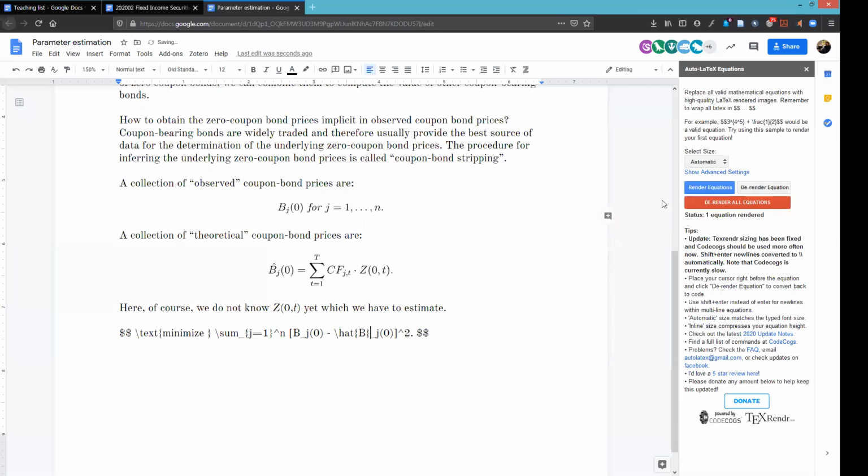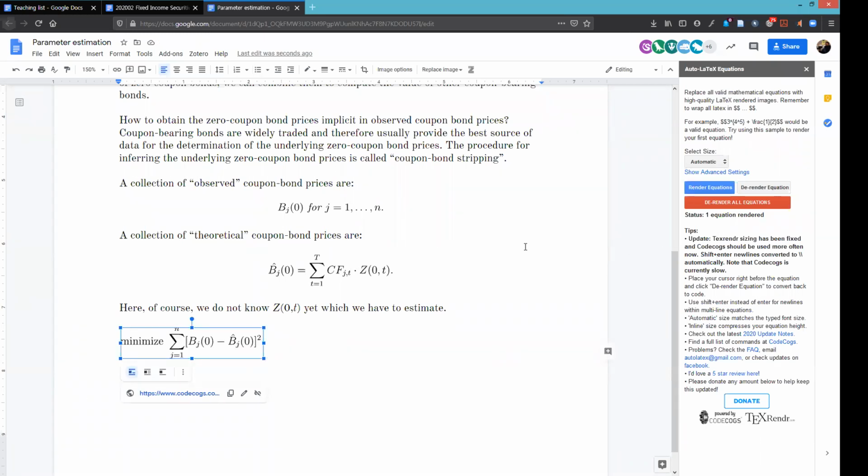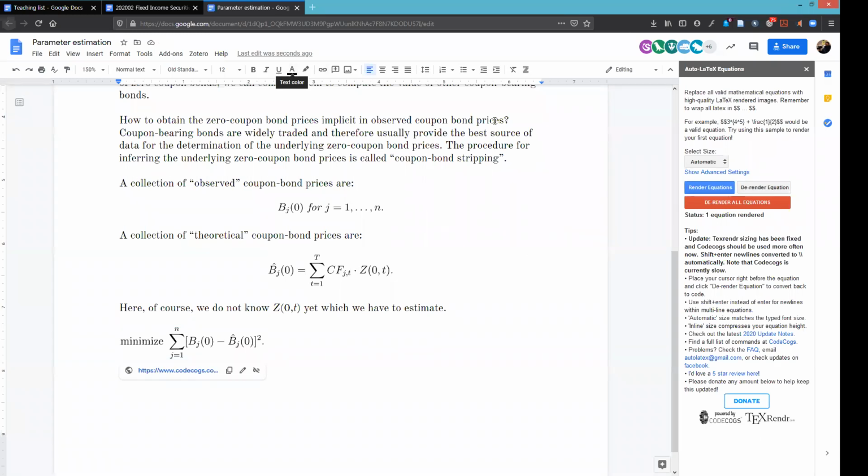So we have to minimize that one. This makes sense, right? We minimize it by changing z. So we want to find a series of z that minimizes this one.